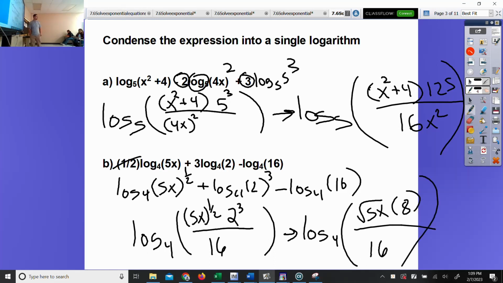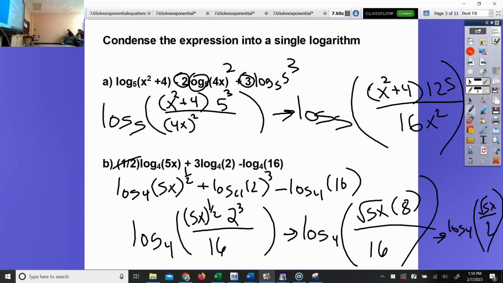Any more you can do with that thing? Yeah, there is. 8 over 16. Okay, you can do that? Yeah, of course you can. Log base 4 of root 5x over what? 2. Logarithm got a whole lot smaller.